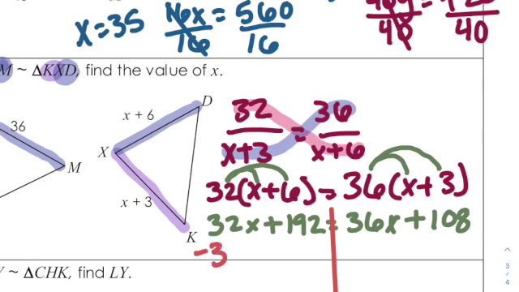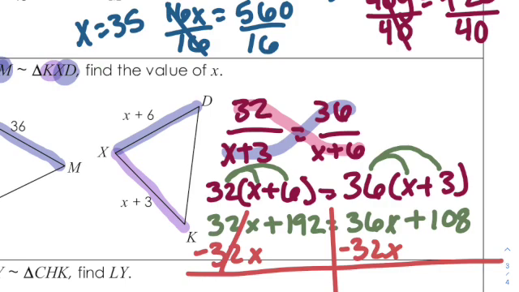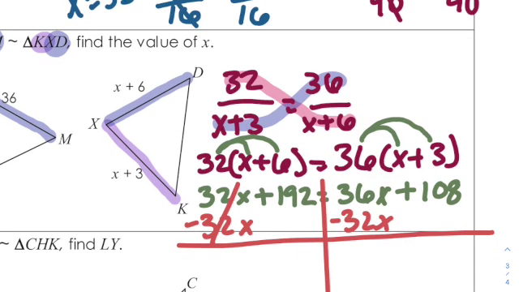We subtract 32x from both sides. Those cancel out, and while I'm doing this, I'm just going to bring everything down. So I bring the 192 down. Don't forget your equal sign. 36x minus 32x gives me 4x. Bring down my positive 108.